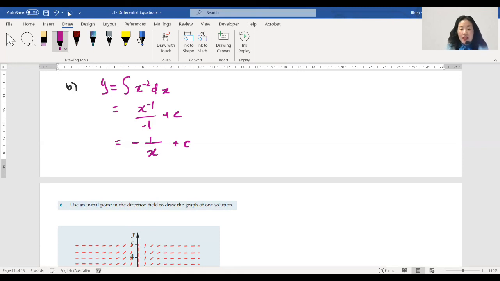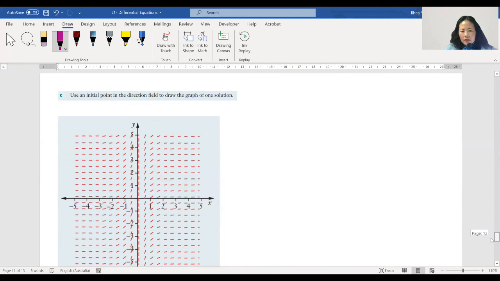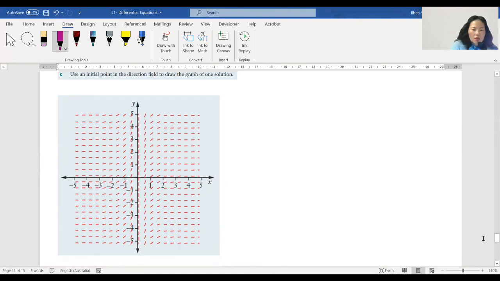All right, so that's good. That's what I'm talking about. This is a hyperbola, isn't it? So in my head, I'm just going to go that and that, right? Roughly, we are expecting something like that because it's a negative hyperbola. It's going to be in the second and fourth quadrant. Go to part C, which we got from the previous one. We know it's going to be in the second quadrant and fourth quadrant.